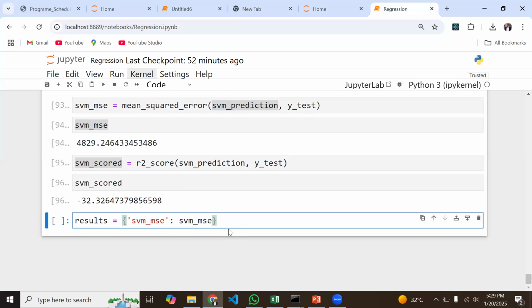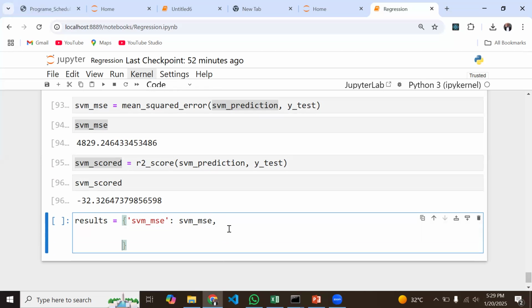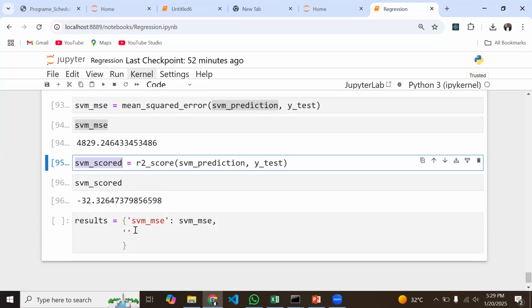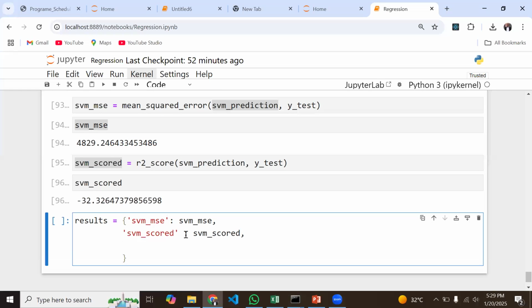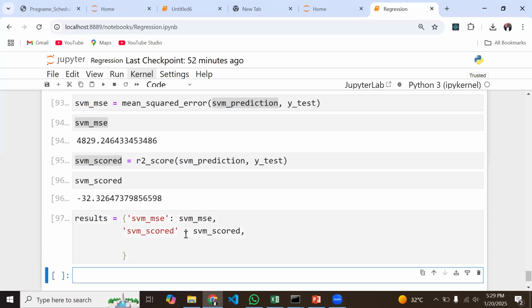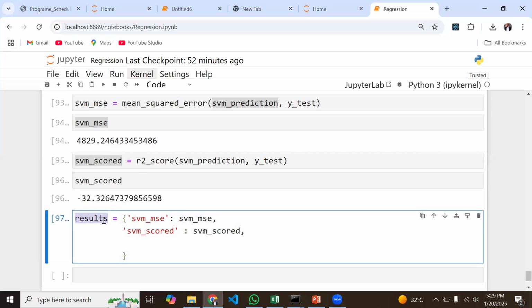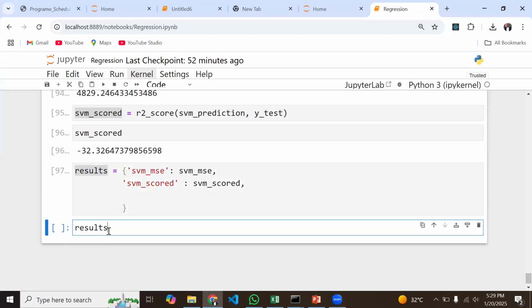Okay, then I'll do a comma. Then let's have SVM squared, whatever. And the value is also going to be this. Then we can go on and on, okay? So that at the end of the day, if we are to print results, it will kind of look decent, okay?